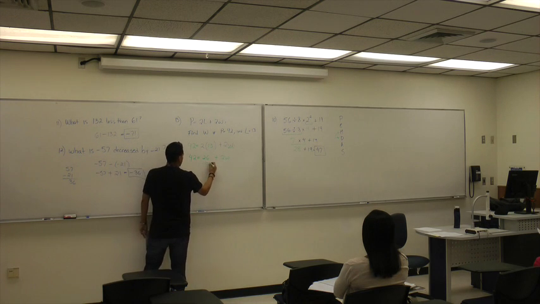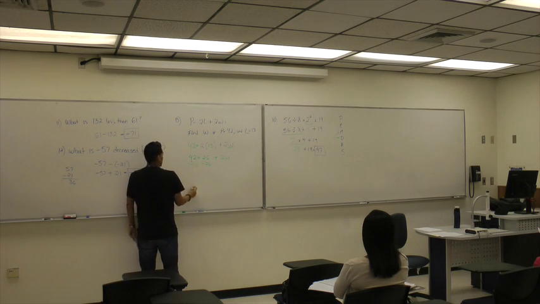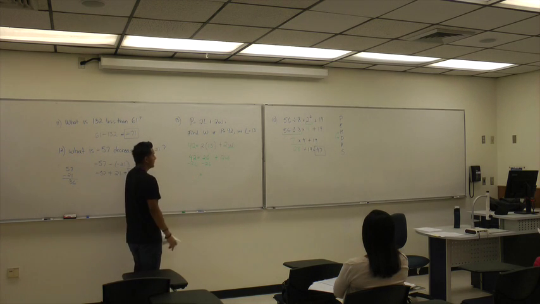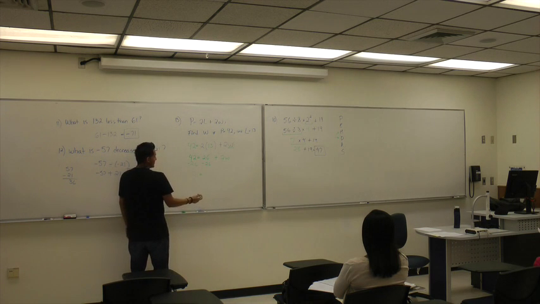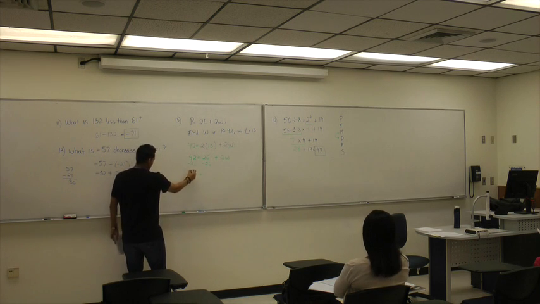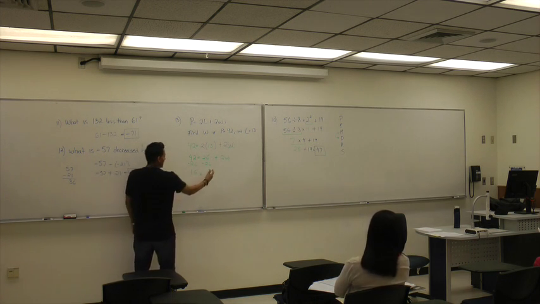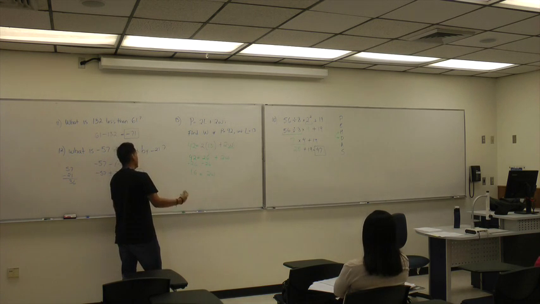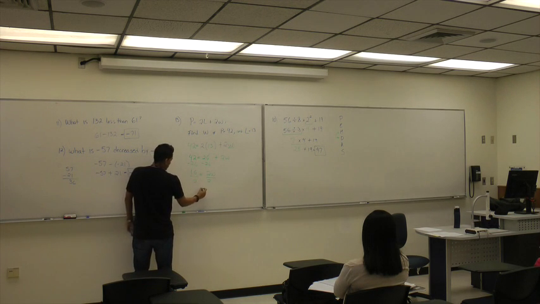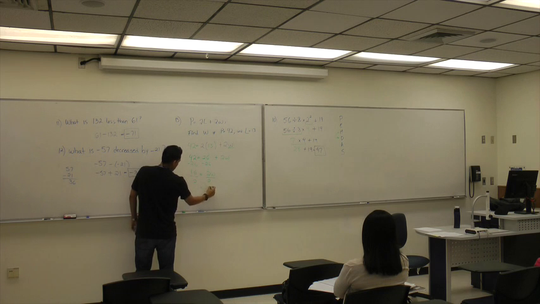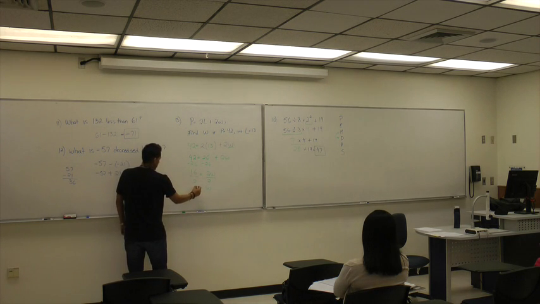Alright, so that cancels out. 42 minus 26 would be 16, equals 2W. Now we're going to divide it by 2. So the value of W would be 8.